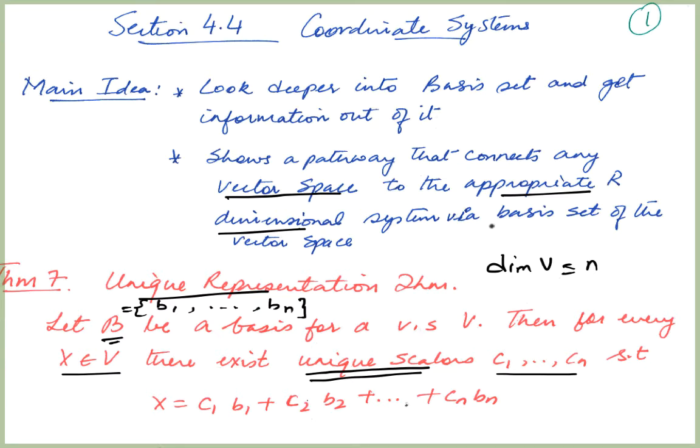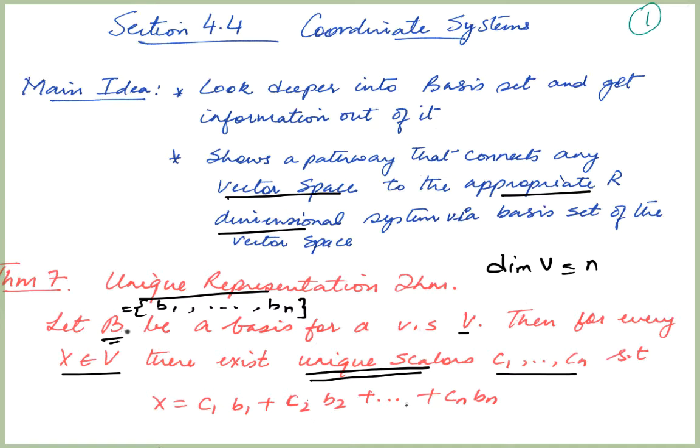But the important thing for us at this point is that given any basis set, I will be able to find a unique set of scalars relevant to this basis set such that any vector x in the vector space V can be written as a linear combination of these scalars in accordance with the basis set.